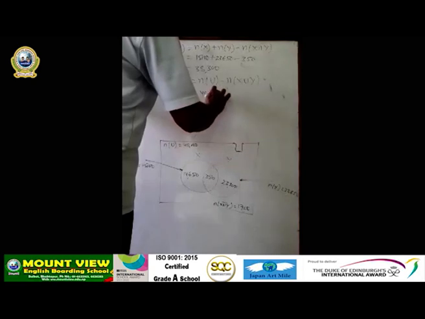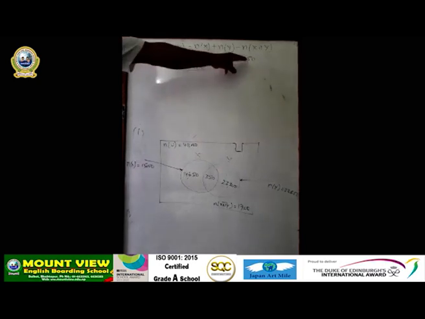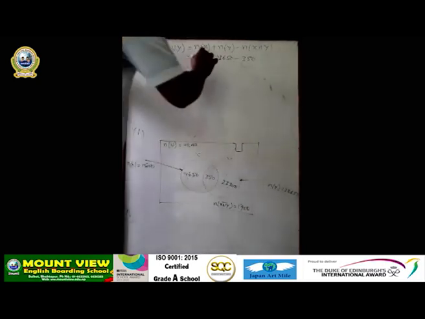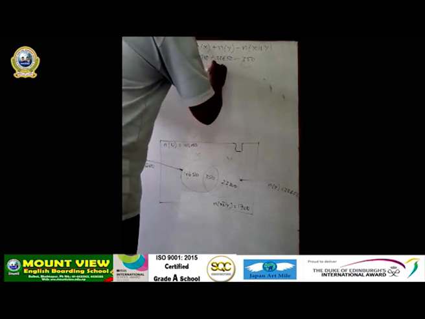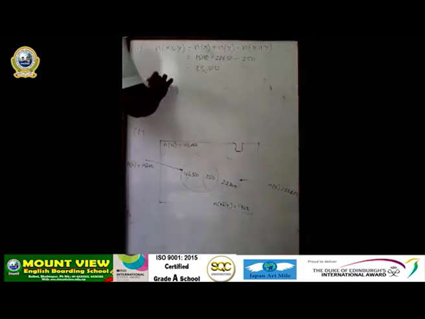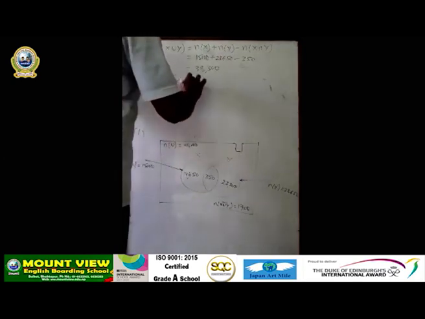When added, 38,300. Is it right or wrong? Check yourself: this plus this minus this one.